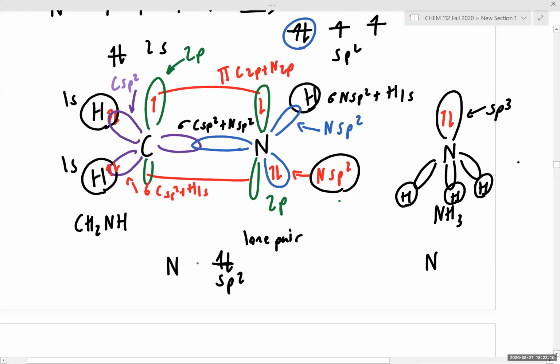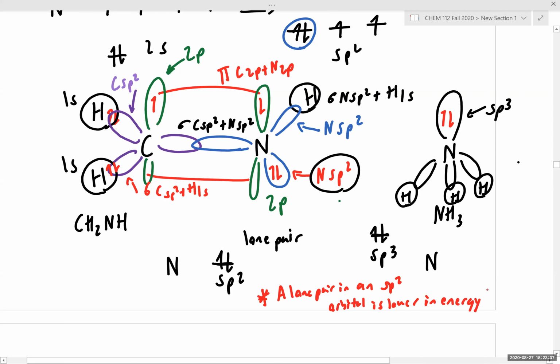So an sp2 orbital, we're saying in the chat, is lower in energy than an sp3 orbital. That's exactly right. So then, what we can conclude, and this is the part that I want you to remember, is that a lone pair in an sp2 orbital is lower in energy. And this directly impacts the reactivity of that lone pair.